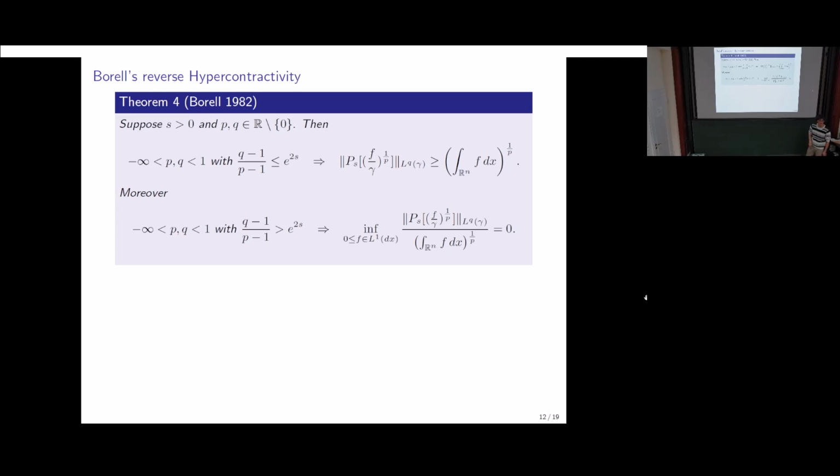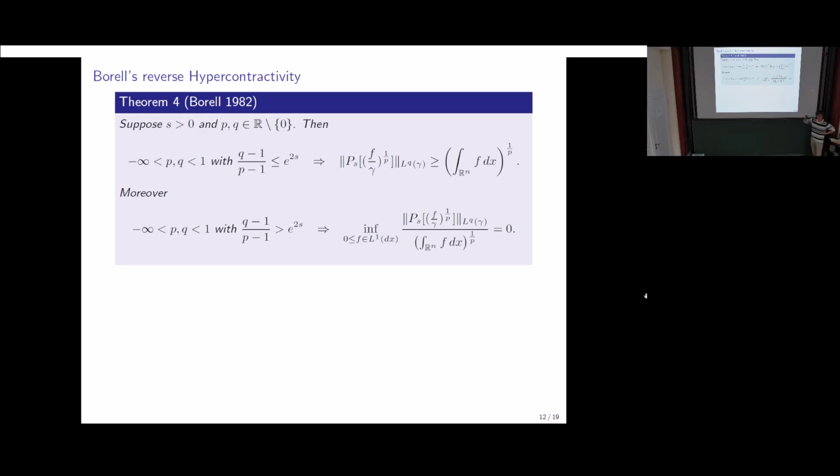About this reverse hypercontractivity, originally Borell showed the following fact. If S is positive and if P and Q are real numbers satisfying the first conditions, then the reverse hypercontractivity holds. And moreover, if P and Q do not satisfy these conditions, if they satisfy the reverse inequality, then the infimum of the ratio of this becomes 0.